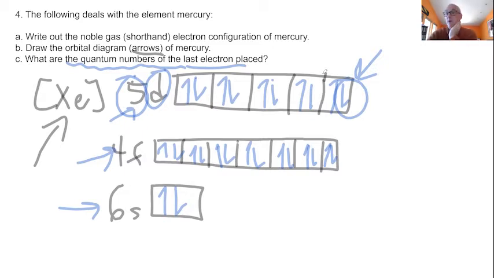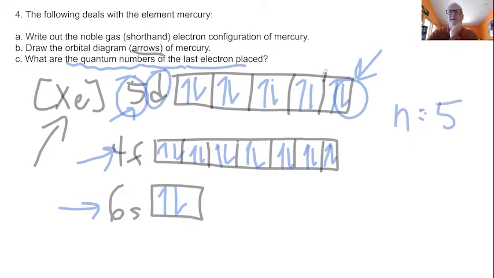Right, exactly. We want to know which shell it's in. So which shell is that electron in? 5. Right. So the very first one, n, remember n is the principal quantum number. n tells us which shell it's in, and it's in shell number 5.